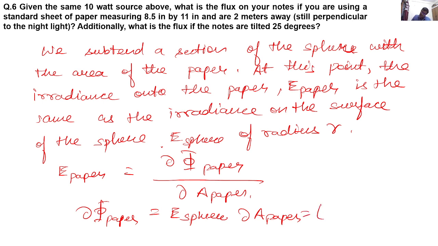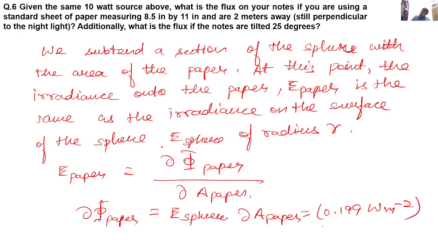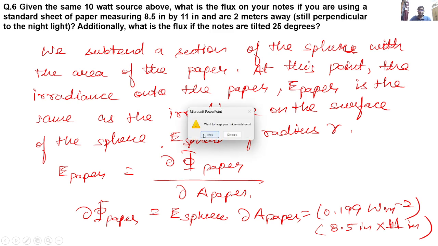So E sphere is 0.199 watts per meter square, which is what we found out from the previous question, times the area of the paper. Area of the paper is 8.5 inch by 11 inch. So we will take another slide.